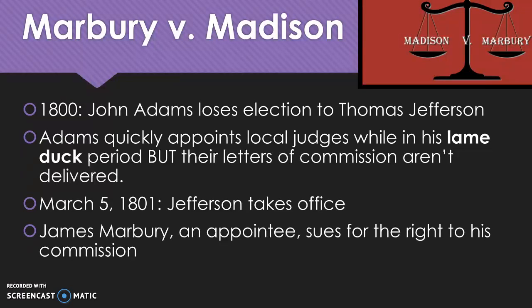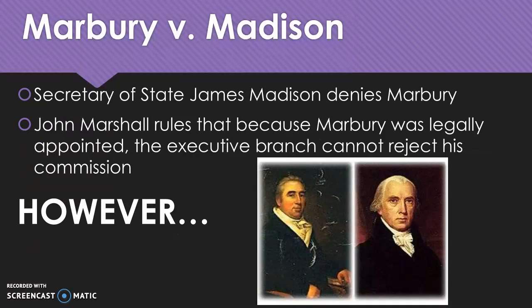On March 5th, 1801, Thomas Jefferson takes office, and a man named James Marbury, who had been appointed to a judgeship by John Adams, never receives that letter of commission. So he petitions Secretary of State James Madison, and he says, "I was appointed to be a judge. I never received my letter of commission.